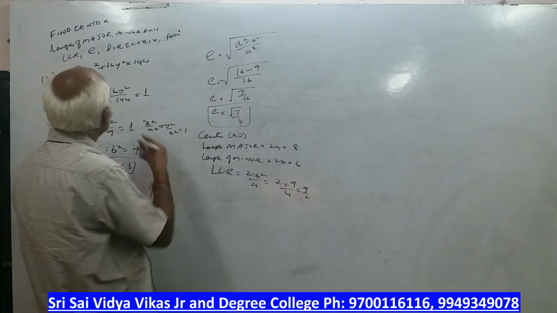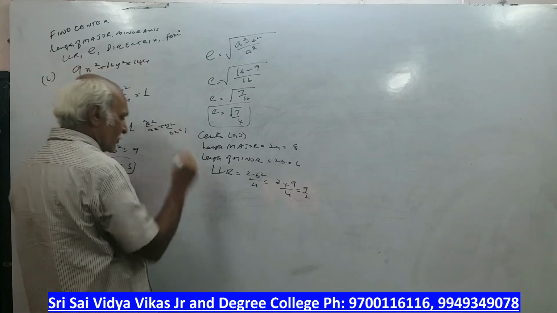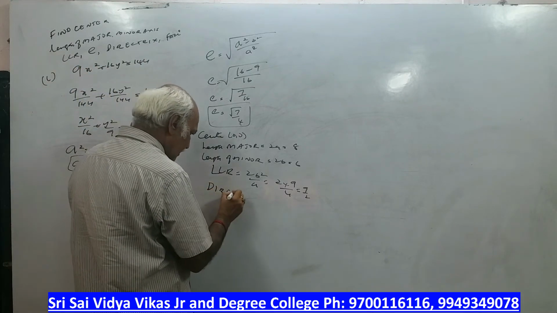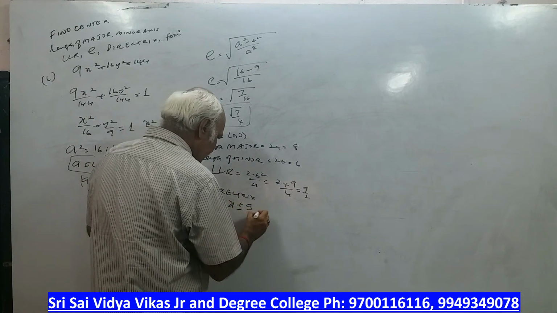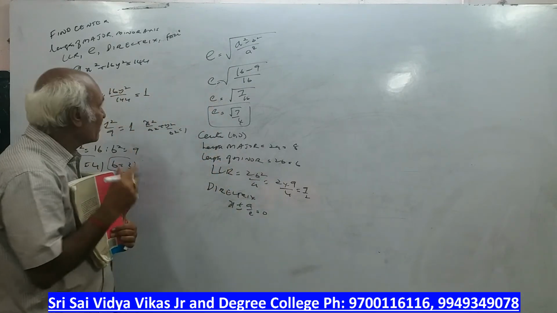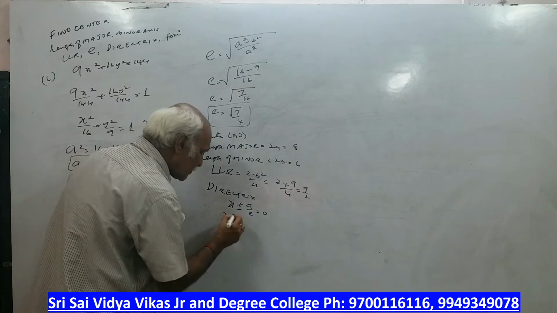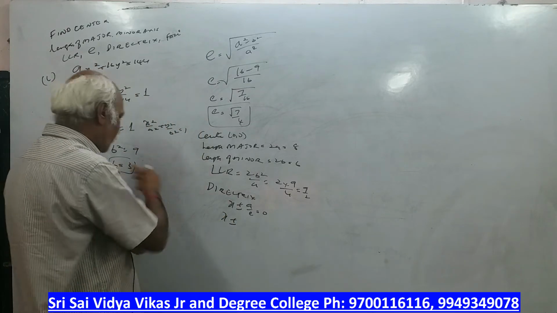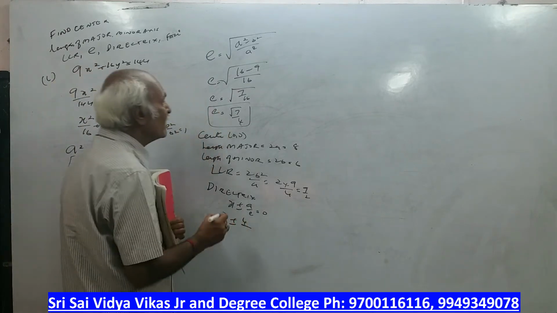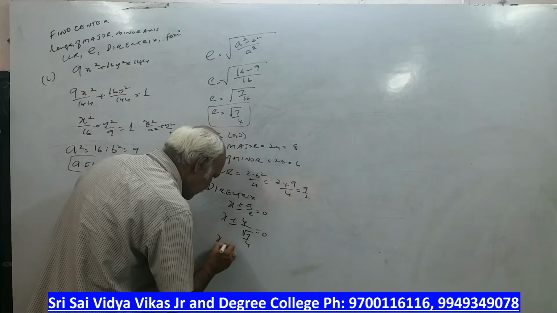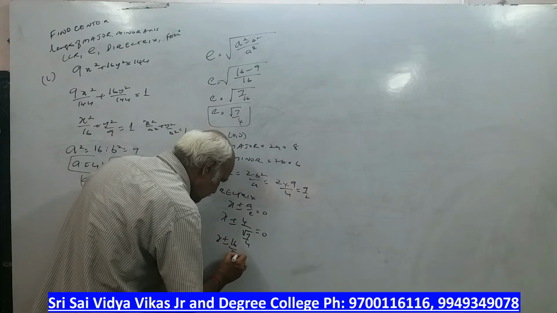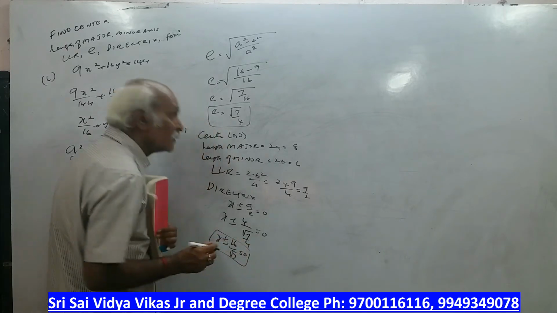Next, we have to find the directrix. What is the directrix? x plus or minus a by e is equal to 0. So the a value is 4, and the e value is root 7 by 4, so x plus or minus 16 by root 7 is equal to 0. Right?